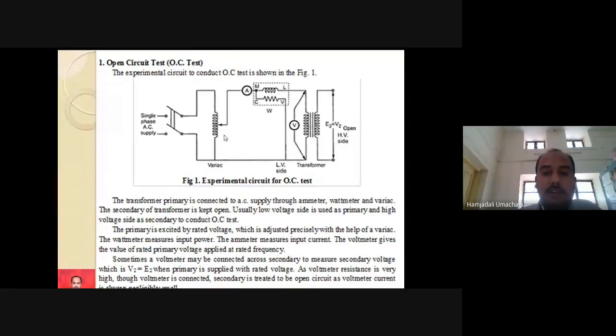As and when you change the tap settings by rotating the knob of the single phase auto transformer, which we call a variac or dimmerstat, it is going to provide a variable voltage, a changing voltage, for the single phase transformer.